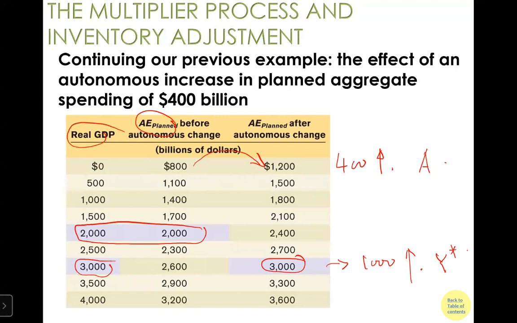But clearly you can see there is a multiplier. You only increase autonomous spending by 400, nothing else, but the net impact on the economy is going to be more than 400. It is equal to 1,000, right?